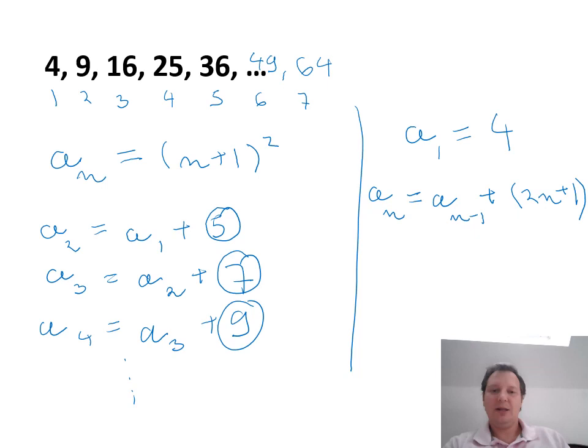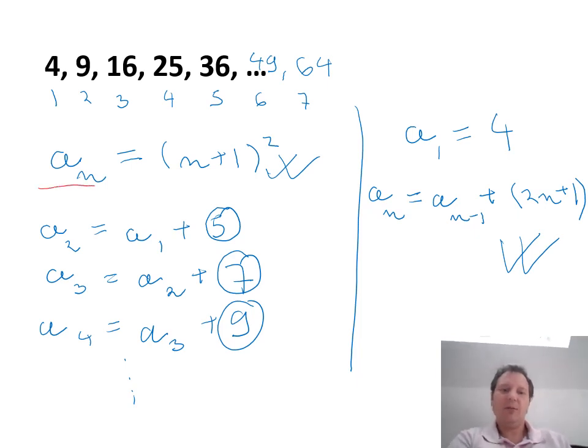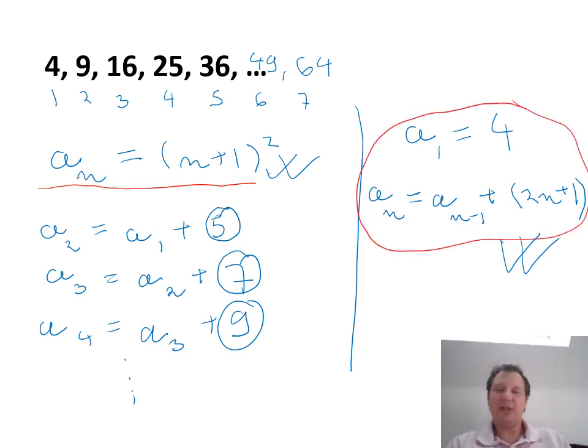Great, so this is indeed generating the sequence we wanted. Now we have both the closed form and the recursive form, which needs the initialization for this number sequence.